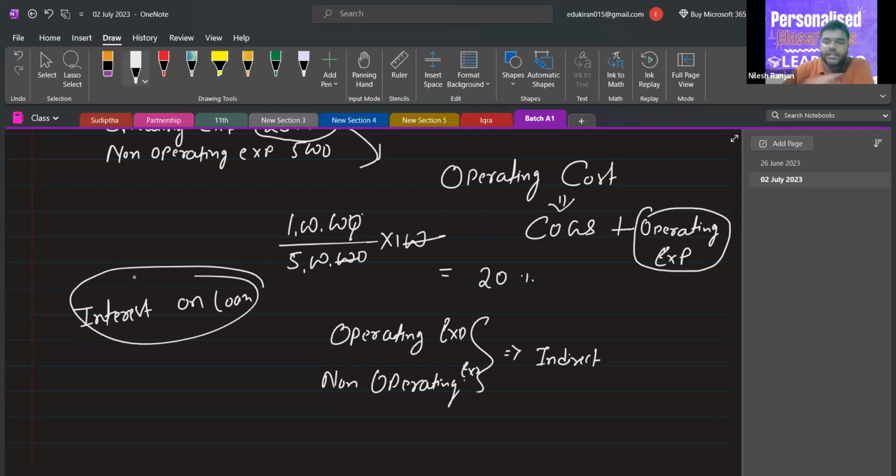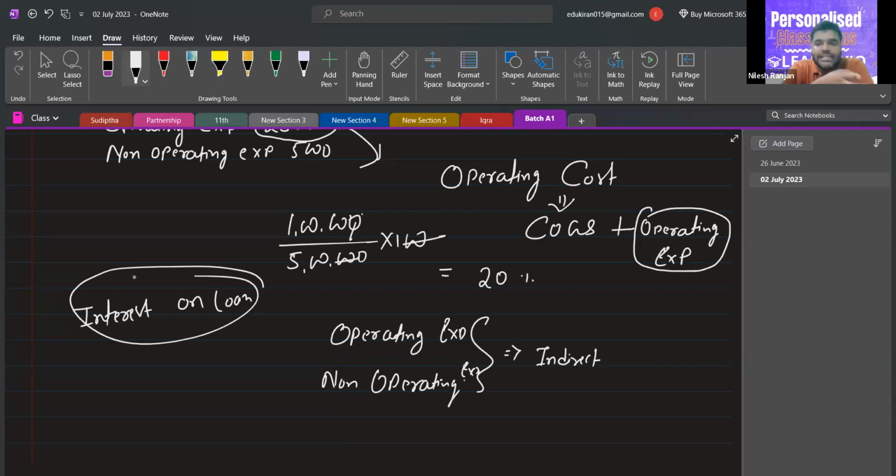So if you take loan from the bank, and you pay interest, you can run the business without taking loan also. That interest payment is not involved in any business operation. Yes or no? Yes. So that's why this is a non-operating expense.